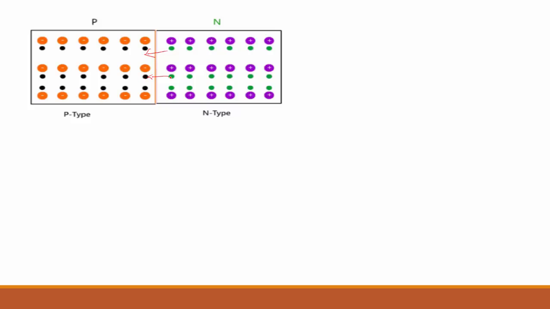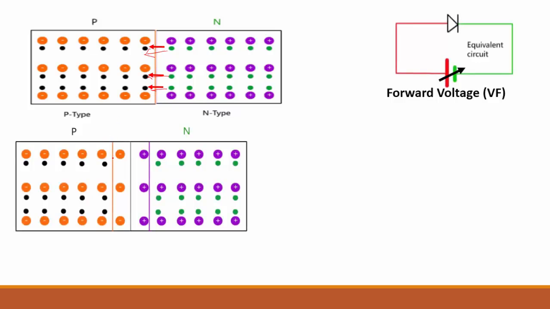That means electrons, which are the majority in the n-type, and holes, which are the majority in the p-type, recombine together, and the situation that arises is this. In this depletion region there is nothing except the acceptor ions and the donor ions. There are no free electrons and no free hole charges.